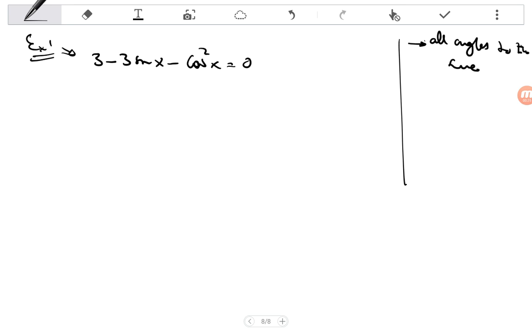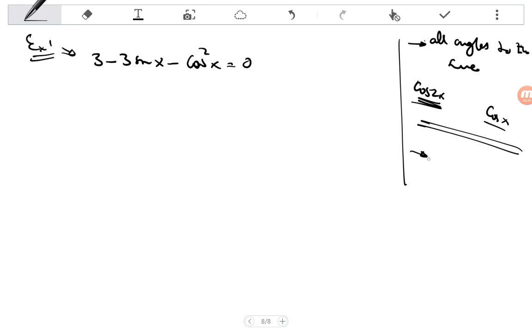Which means I may not have, in the same equation, cosine 2x, for example, and cosine x. No, I need all the angles to be the same. All of them cosine x, or all of them cosine 2x. All the angles must first be adjusted to be the same.